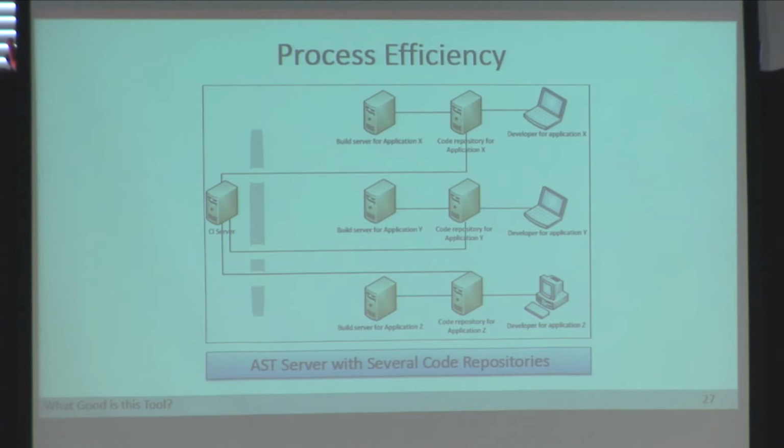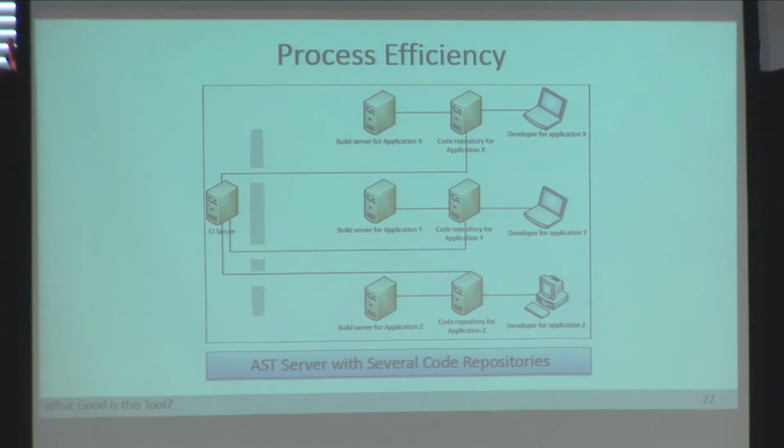So process efficiency, real quick. This is kind of what I was talking about, where if you don't use continuous integration now, or if you do, but you kind of want to stay out of the developer space, this was what we did with one of our customers, where each application is basically on its own, right? The applications don't talk together. They all have different build servers. They have different source code repositories.